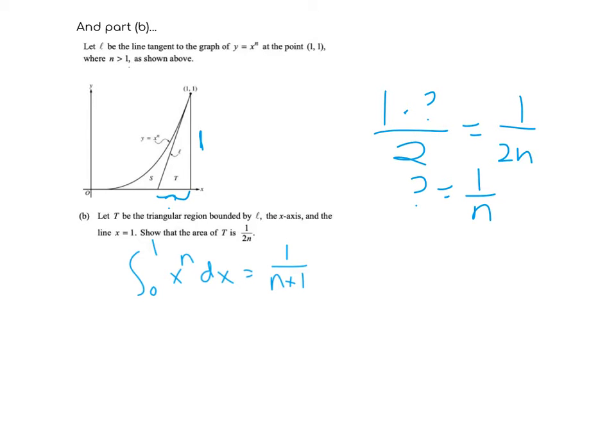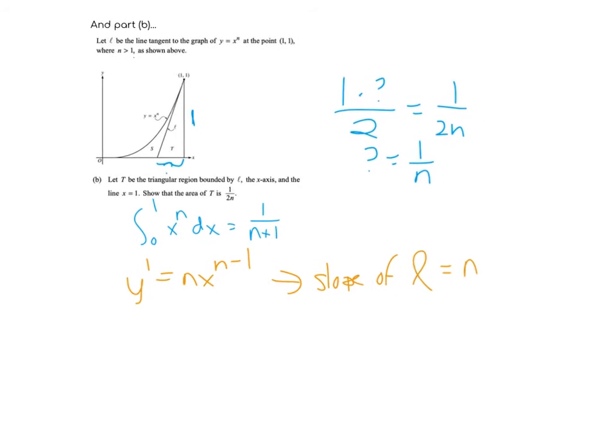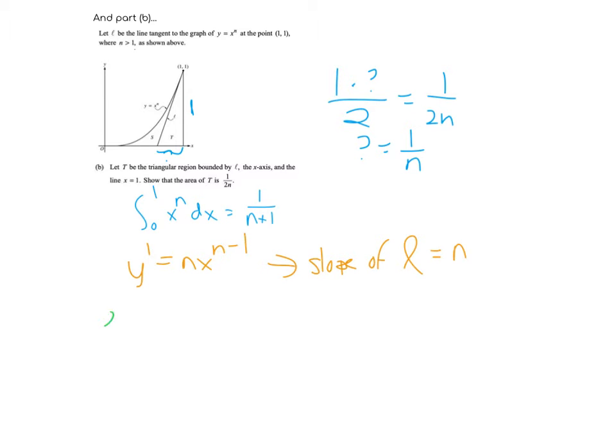We already established that y prime was nx to the n minus 1. I talked about that on the first page. And that tells us that the slope of line L, that's still an n, silly, slope of L is n. So that means the equation of L is y equals the y value plus the slope times x minus 1.